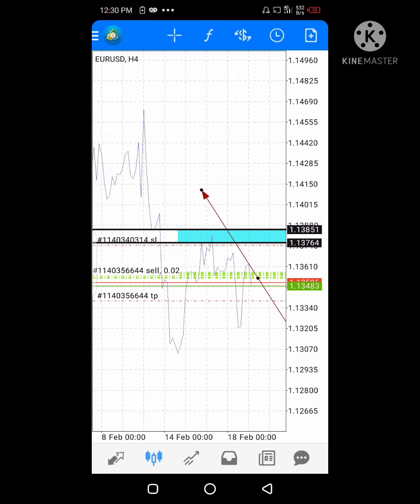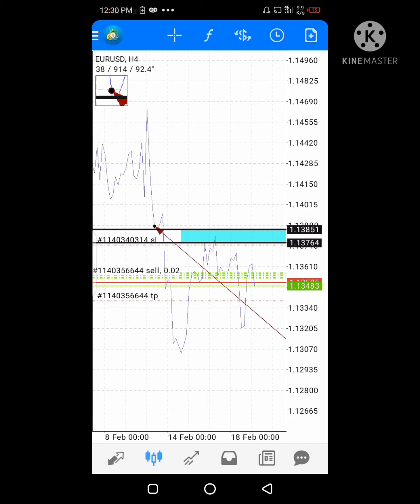If you look at the left hand side, you see a drop, base, drop, supply zone, which is a zone for sell, and at this area you find a support below and a resistance above. So price went down, and the next coming is just the first touch at this place. There is no other touch of resistance at this area, so that was why price was expected to react.